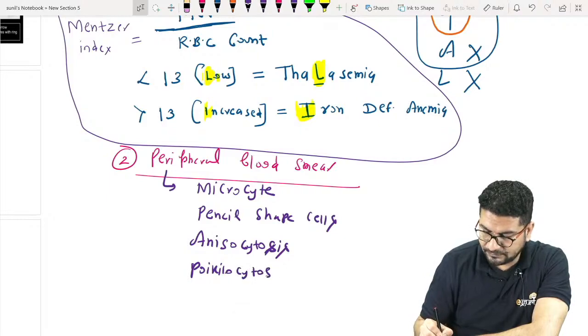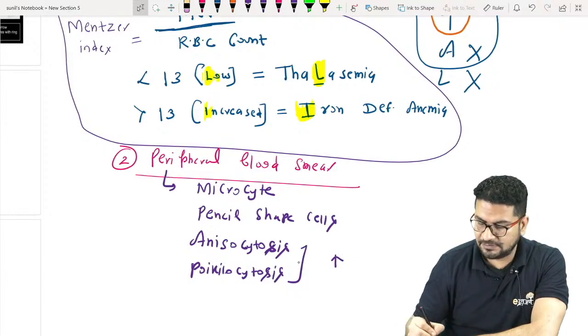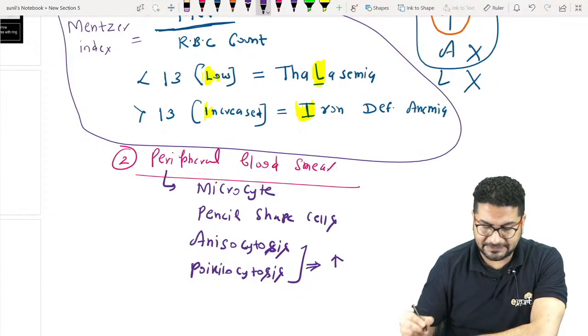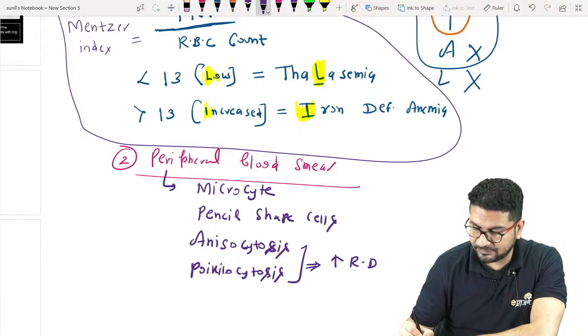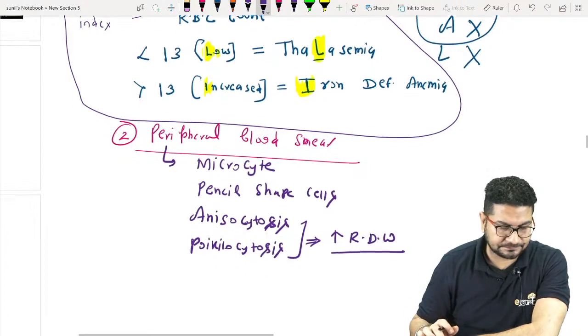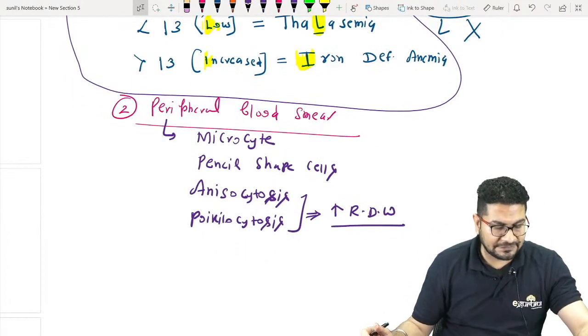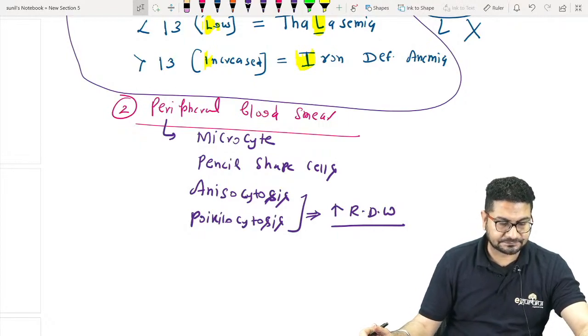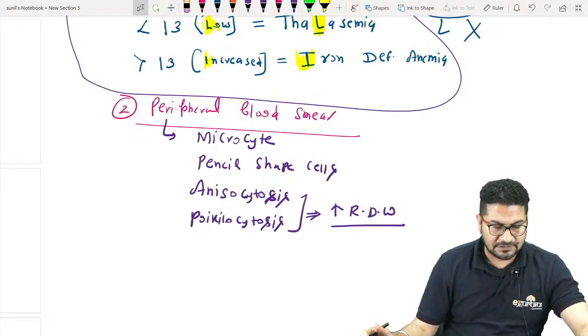I told you before, anisocytosis and poikilocytosis mean different size and shape. So what will increase? Red cell distribution width will increase. Clear?